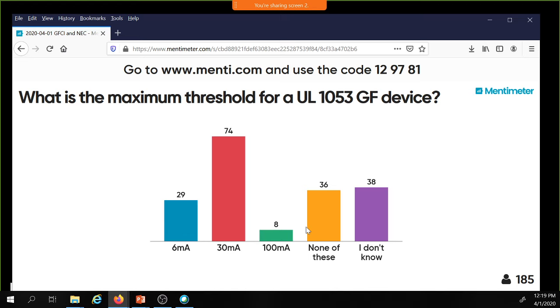So the right answer to this is none of these because it's really defined by the manufacturer, and you can have a GFPE device that is set to trigger at 30 milliamps, or at 50 milliamps, and there's nothing in the National Electrical Code that says it has to be one of those, except for in Article 555, we introduced the 100 milliamp threshold, that does tell you it's GFPE, but it doesn't mean that that's what the standard calls out.